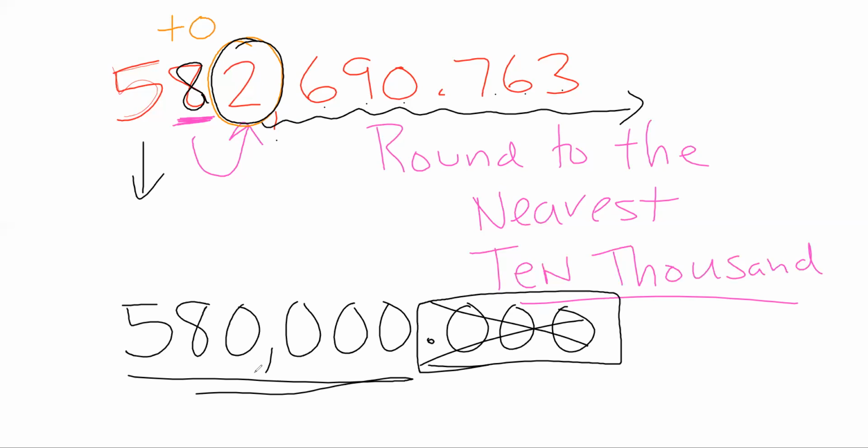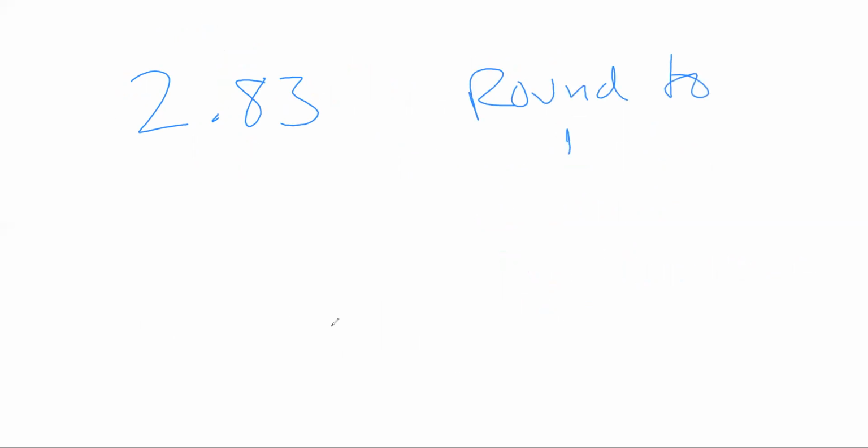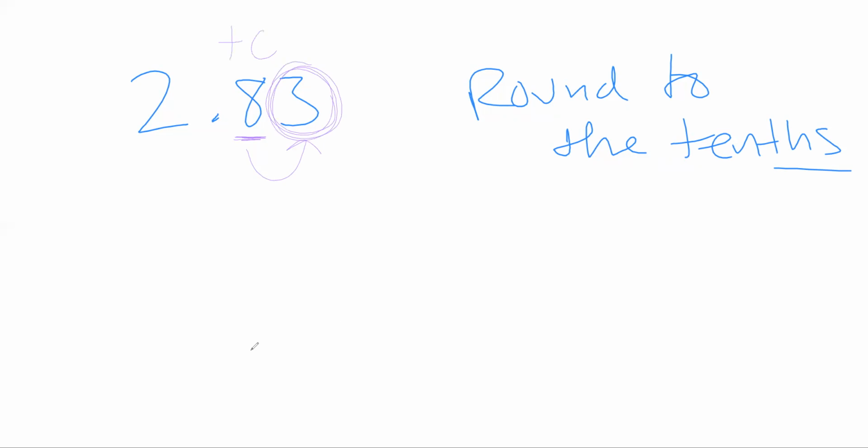One more? Let's just do one more. Why not? 2 and 83 hundredths, round to the tenths. So pause, try it, come back and see. So now you just came back to see. So round to the tenths. All right, let's just follow our rules. Find my place, look next door. This is 4 or less, so I'll let my place value rest.